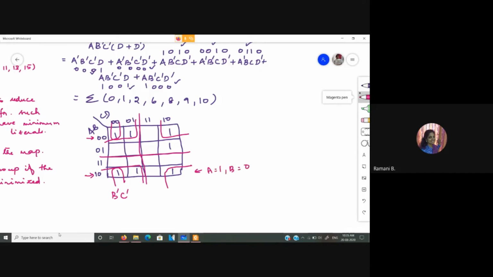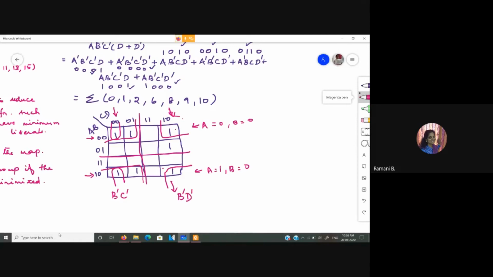Here also the same thing. And here I have A is equal to 0 and B is equal to 0. So here again, B is equal to 0 is common. So that is B bar. And with respect to C, in these two, I have C is equal to 0 and D is equal to 0. And with these two ones, I have C is equal to 1 and D is equal to 0. So D is equal to 0 is common there. So it is B bar, D bar.